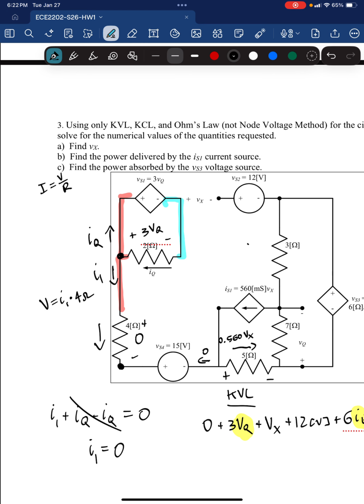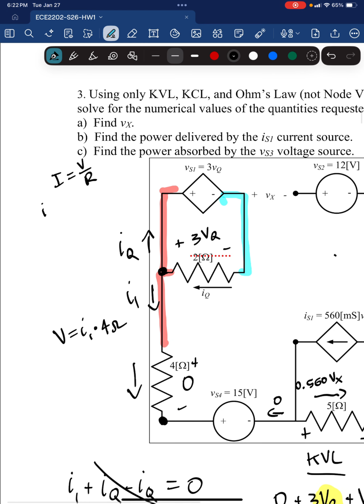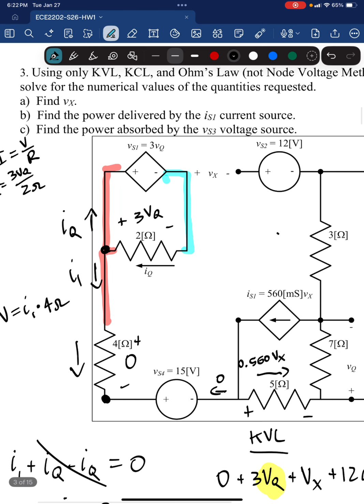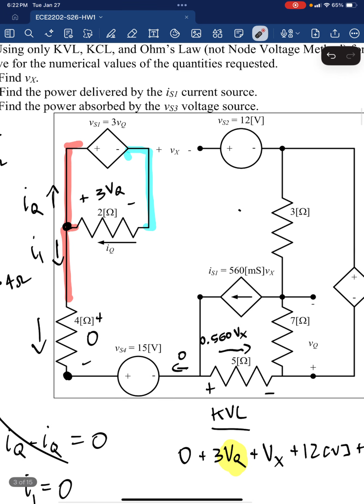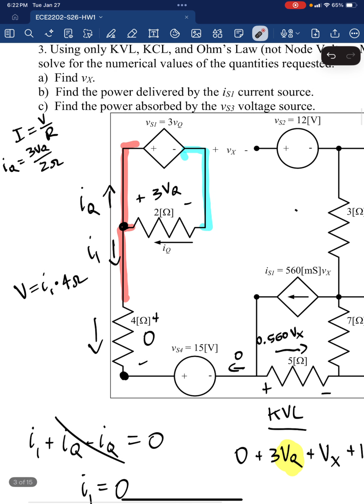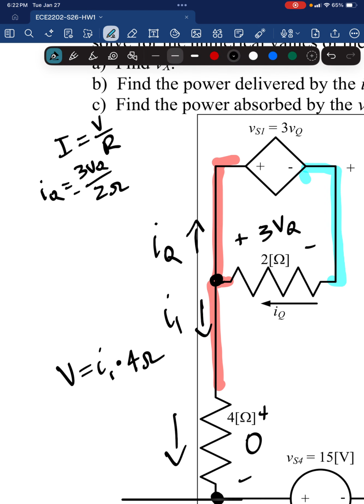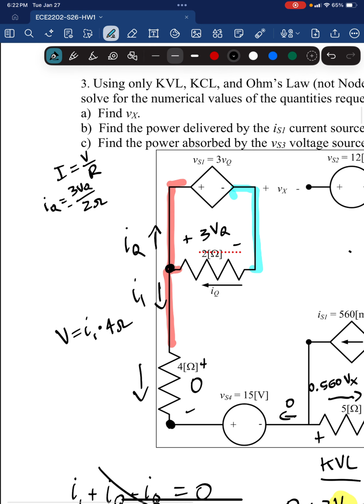So we can use Ohm's law to say that IQ is equal to 3 VQ over 2 ohms. But here's where you have to be careful, because you remember how I said conventionally, currents enter the positive terminal of resistors. Well, here we can see that the current is entering the negative terminal of the resistor, which means that we have to include a negative sign because it's an active sign convention.